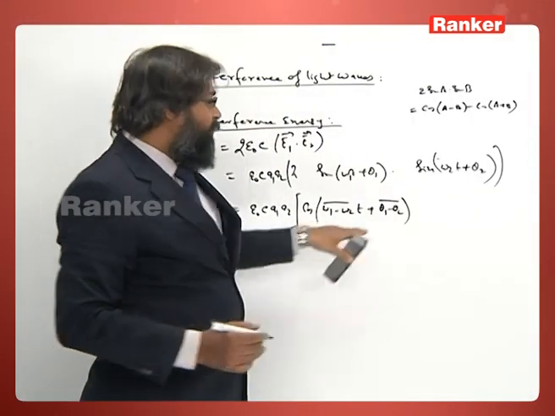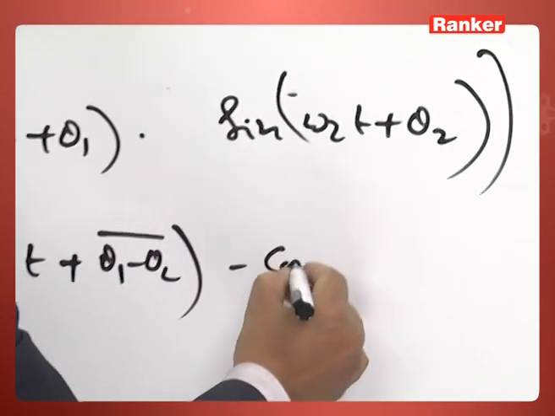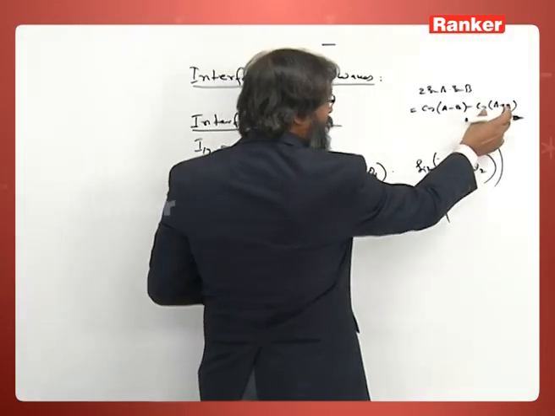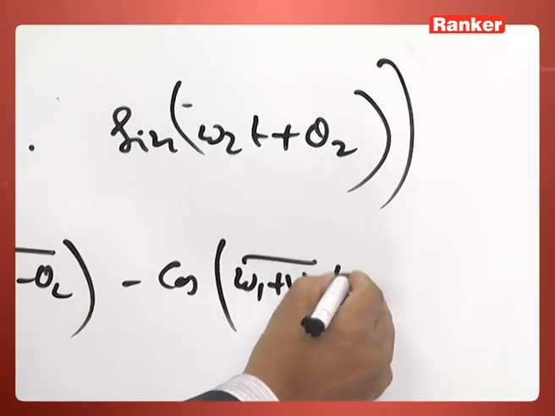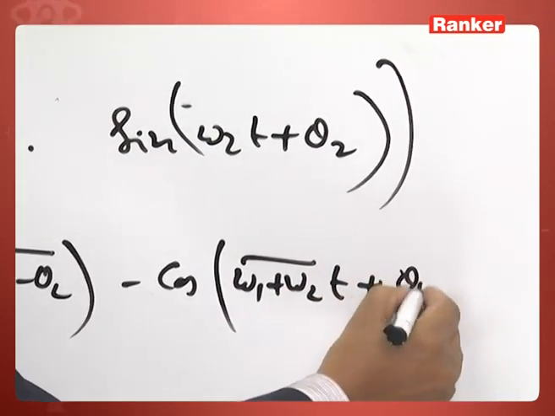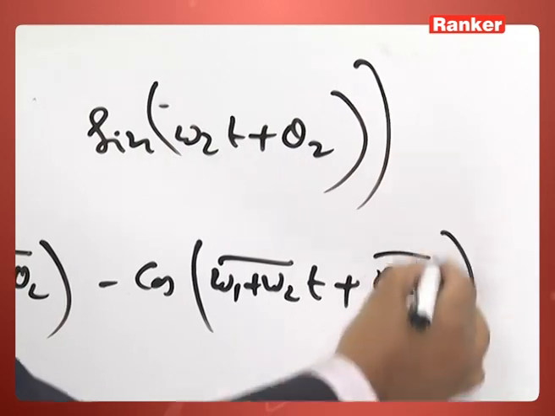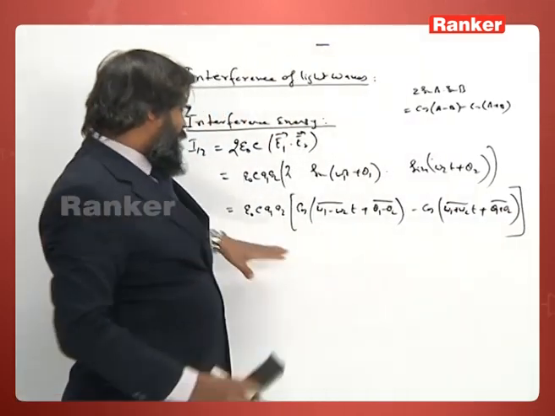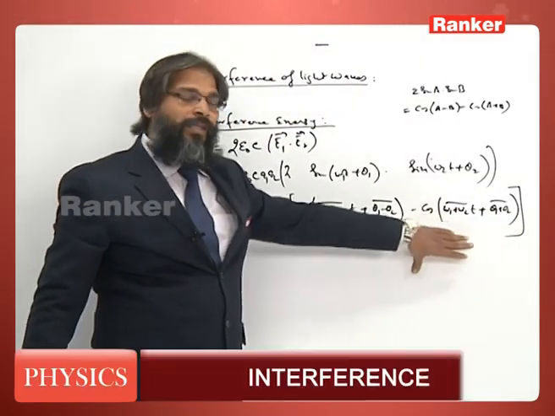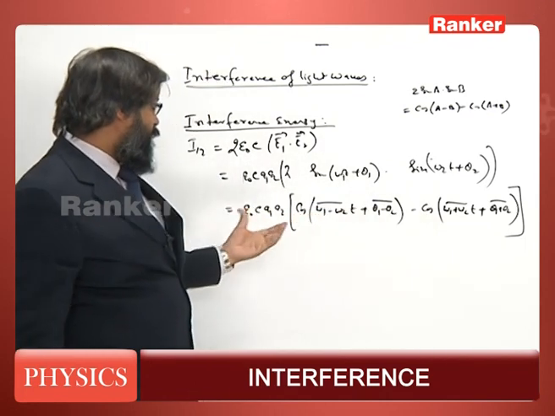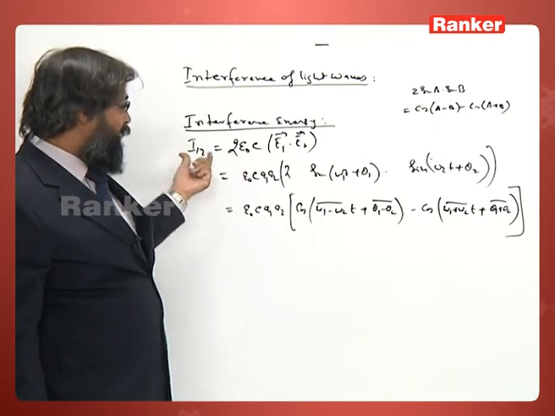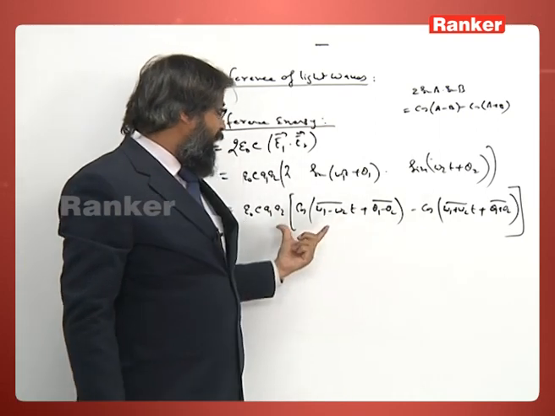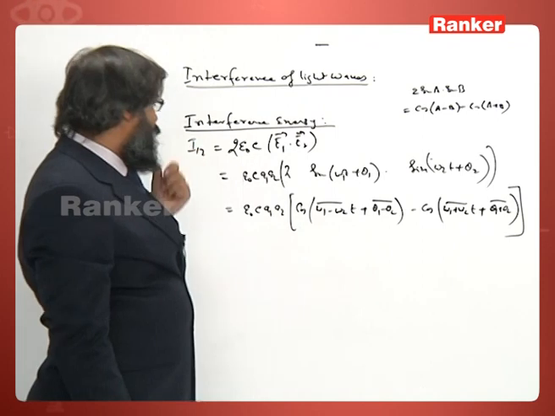This cos term, then again minus cos, the next term is A plus B, that is (omega 1 plus omega 2) t plus theta 1 plus theta 2. Now we have 2 terms, and there is a minus between them, that is, I have split that interference energy into 2 terms. The addition of these two terms gives us I12.